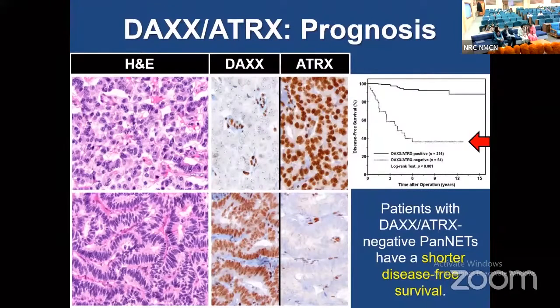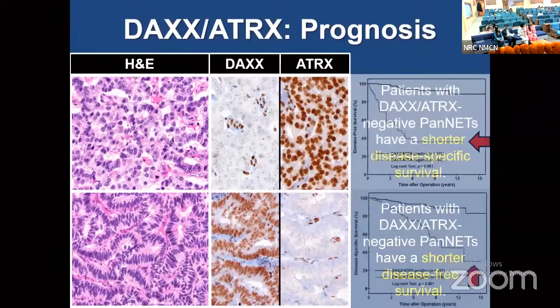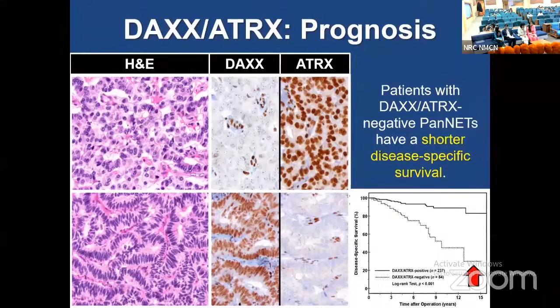And what we found is that when PanNETs lose DAXX or ATRX, patients have a shorter disease-free survival, meaning they do often present with metastatic disease. And they have a shorter disease-specific survival, meaning their survival itself is significantly decreased compared with patients that have PanNETs with preserved staining for ATRX and DAXX.